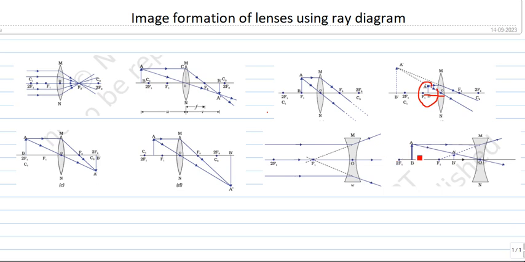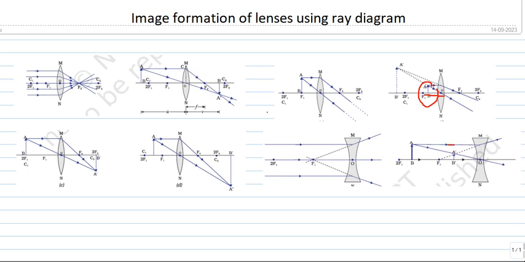The next position for the object for a concave lens is anywhere between infinity and the optical center O. When the object AB is placed here, you draw two rays, one parallel to the principal axis and one passing through the optical center, and they appear to meet at this point.